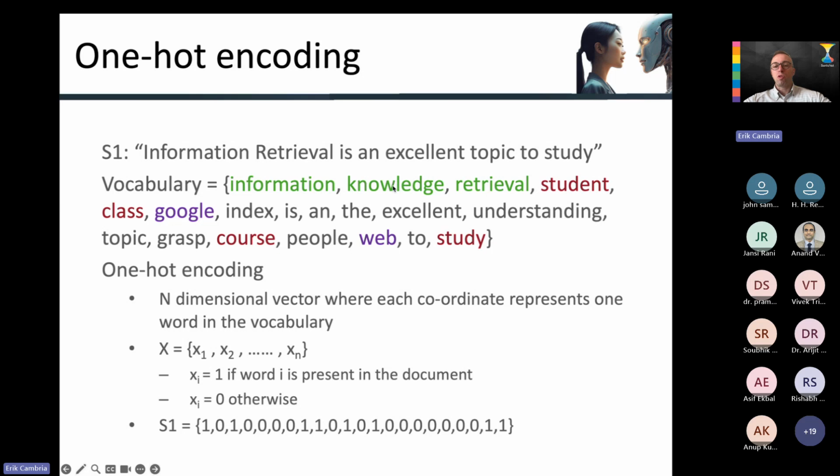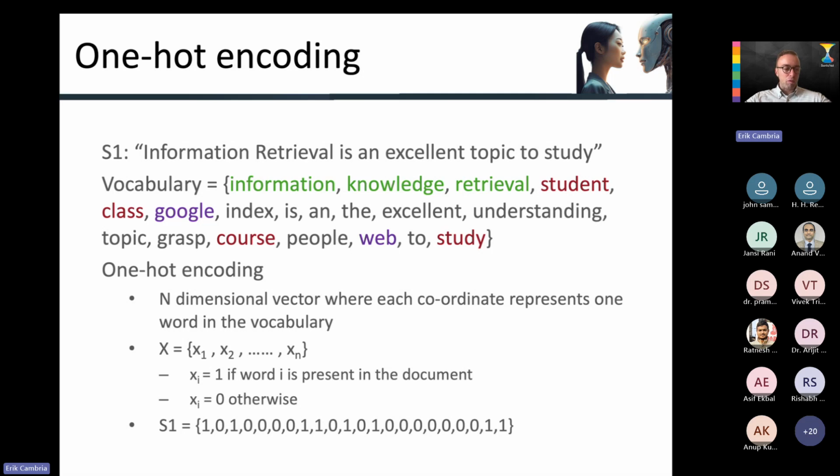So knowledge, which is the second item in my dictionary, does not appear in the sentence. And so that's how I have my Boolean vector, a vector made of just ones and zeros. And this is the simplest way. That doesn't mean that you shouldn't do it today. For simpler applications, there are still one-hot encoding algorithms that perform processing.